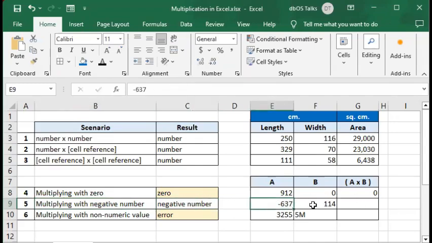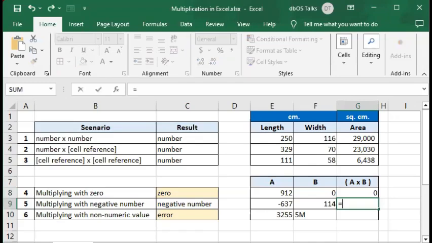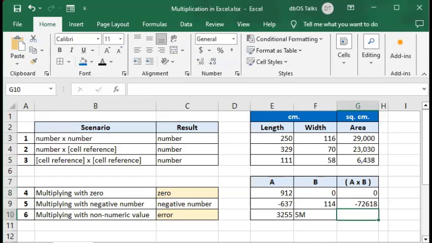So it's here. I'll begin by entering the equal sign and then click on this to get the cell address of that in here, E9, and then my operator is an asterisk, and then I will click on this second factor that I want to use in this operation, and when I press my enter key, it gives you a negative value, precisely because one of the factors is a negative value.